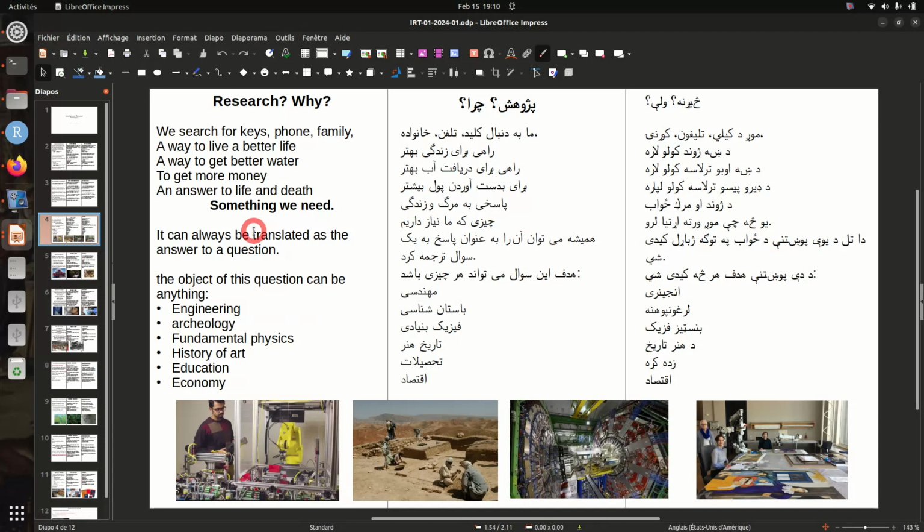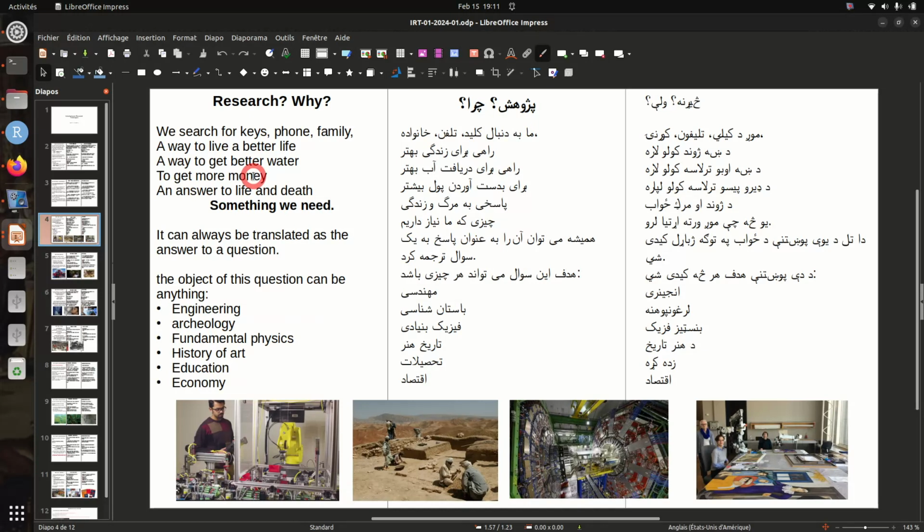On a more general scale, we search for a way to live a better life, a way to have better resources like cleaner air, cleaner water, to get more money. So basically, whether it's something extremely concrete and practical or something extremely philosophical, it's always about something we need. Research is heavily linked to something we need, and it can always be translated as an answer to a question.